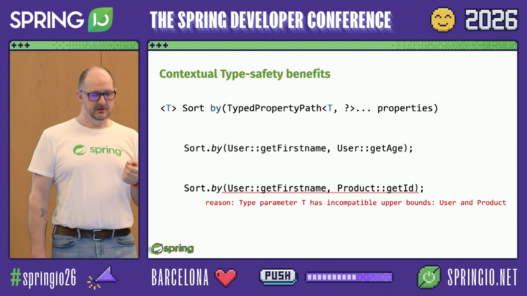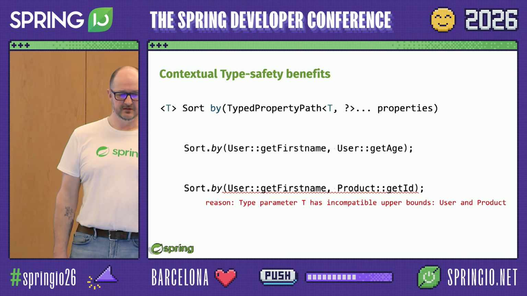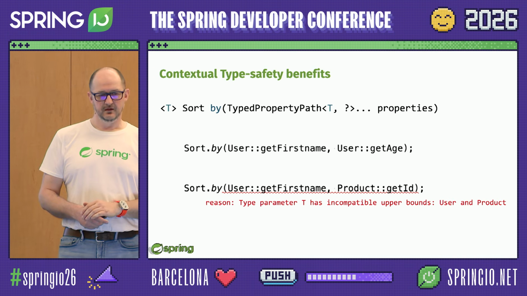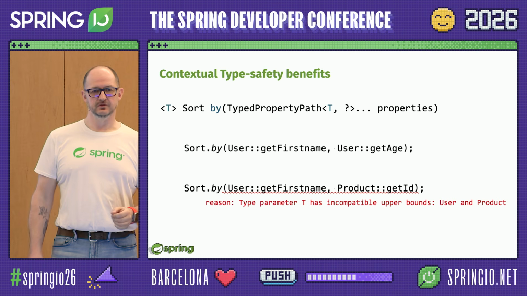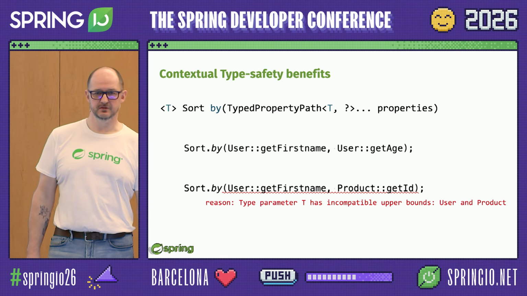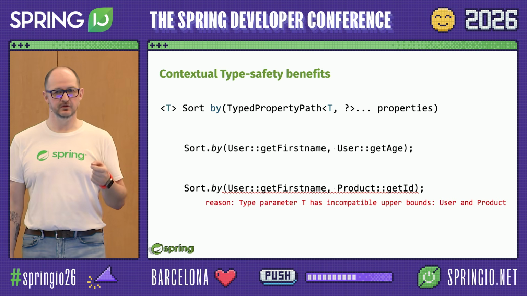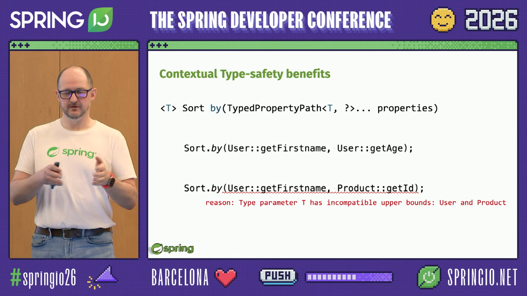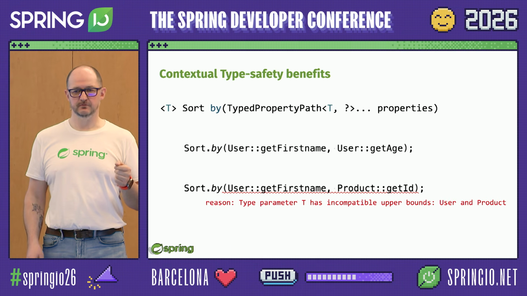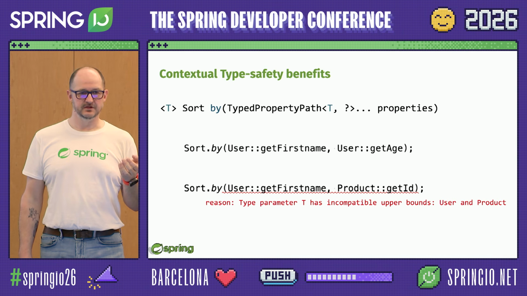What does this mean in a practical sense? You might be familiar with the sort API that Spring Data is providing. Typically, when you define a sort, you specify a number of properties that you want to sort by, if you use the var arg style.